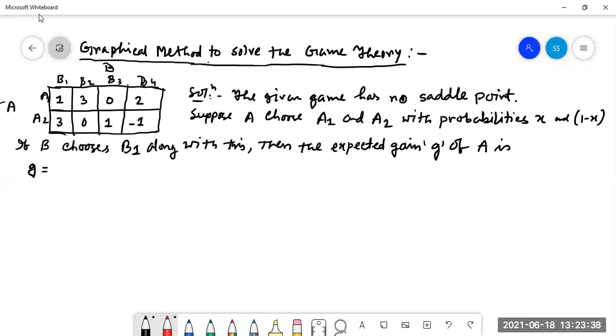G equal to x plus 3 into 1 minus x, that is 3 minus 2x.